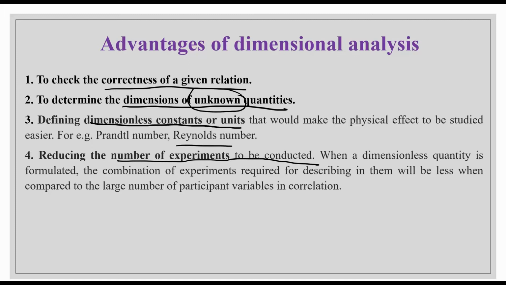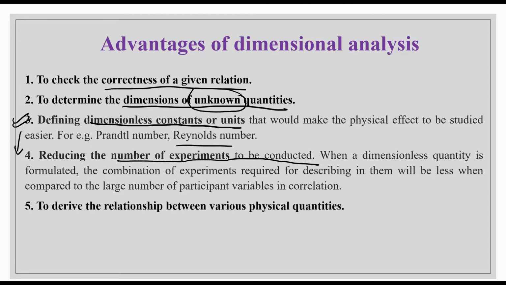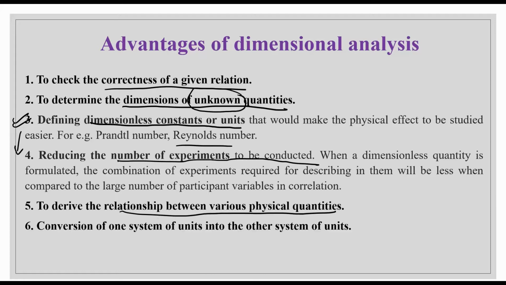Obviously, if we create some dimensionless constant, this is related to the third point, our number of parameters will reduce, and this will reduce the number of experiments to be conducted. Then we can also derive the relationship between various physical quantities, and conversion of one system of unit into another system of unit.